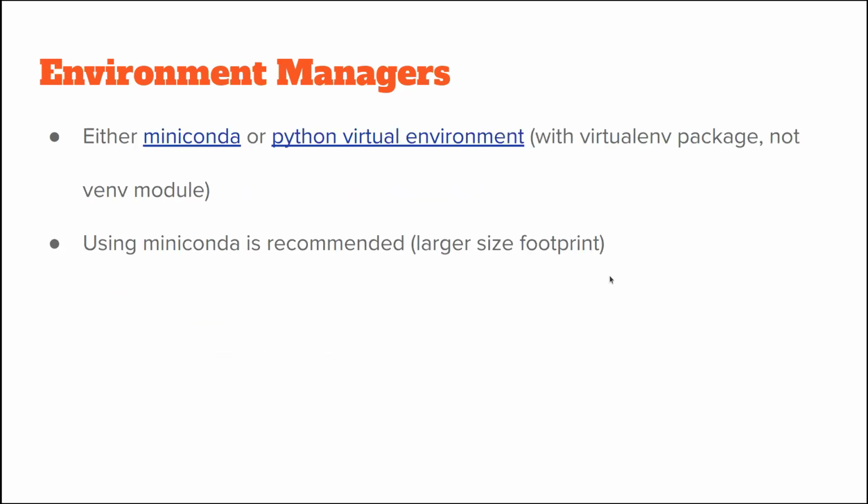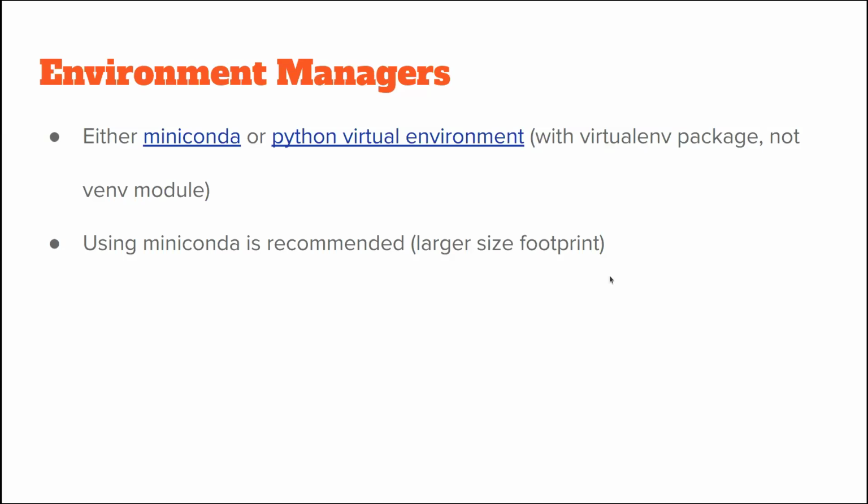So mainly we have Miniconda or Anaconda and the Python virtual environment. We'll use the virtualenv package, which is a third-party library, not the venv module. The venv module comes along with Python, I think from 3.7 onwards, but we'll use virtualenv.